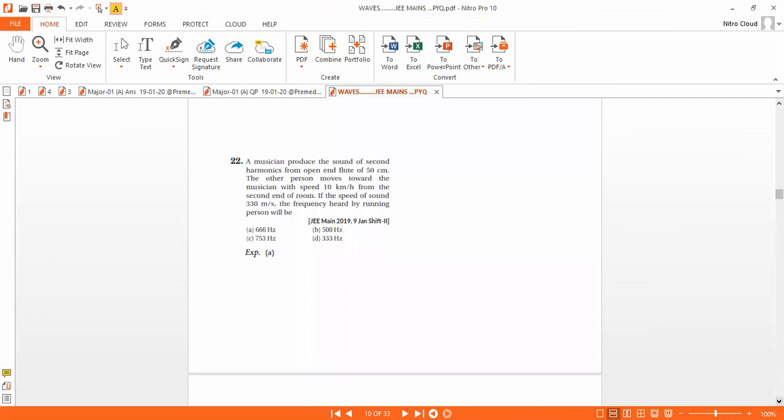See the question and write down the data.